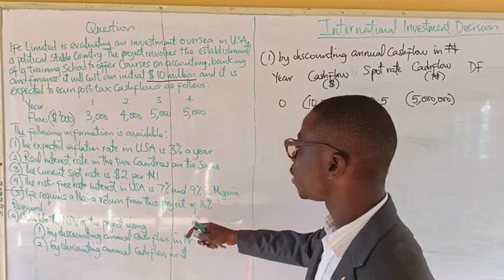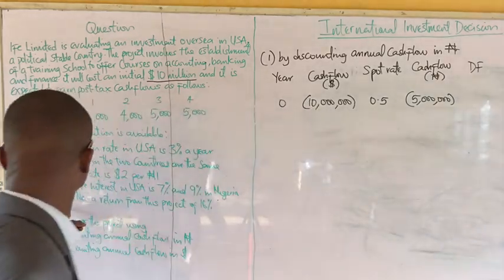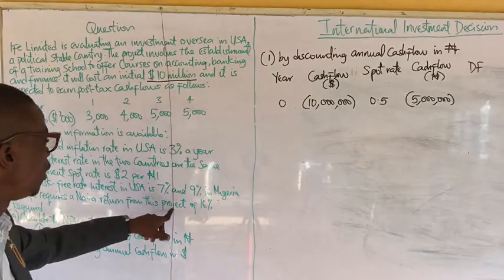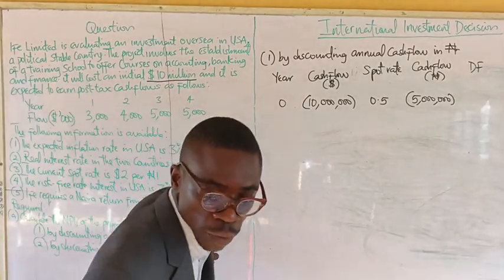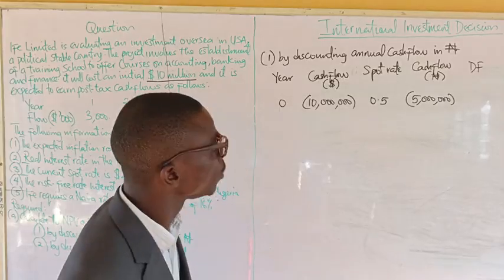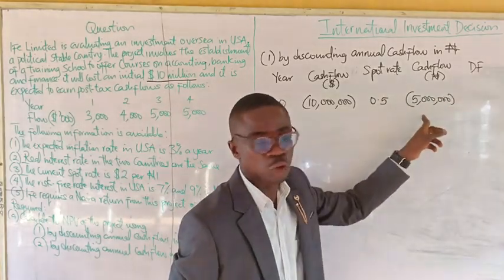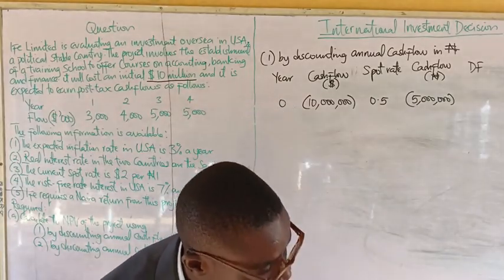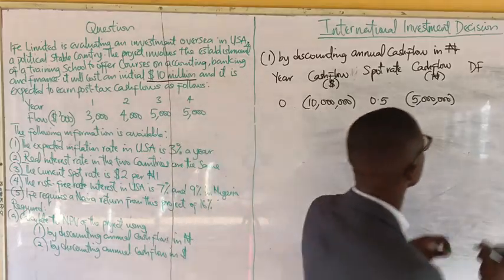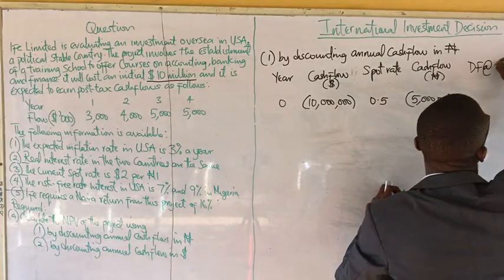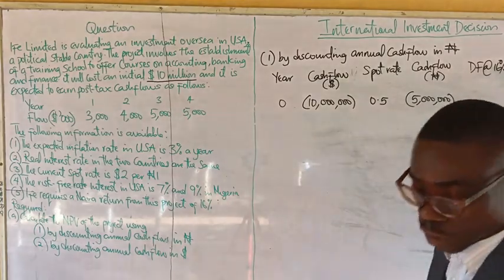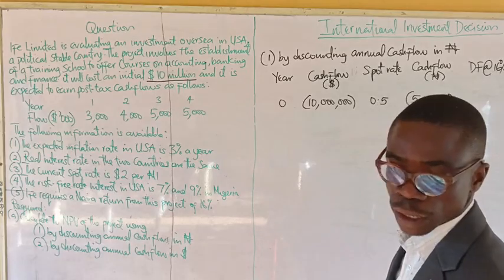So the discounting factor, that's what we should calculate. What do they say the discounting factor is? They say the required naira return from this investment is 16%. Am I communicating? So the discounting factor you are going to use is 16%.